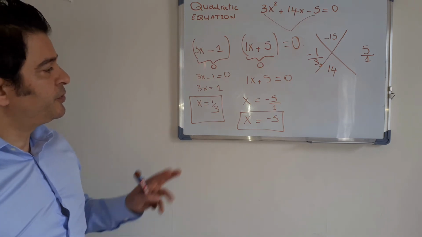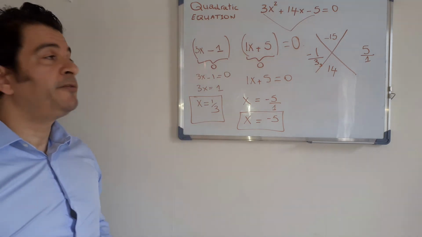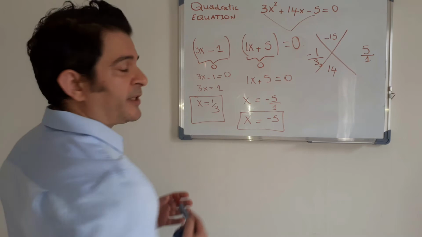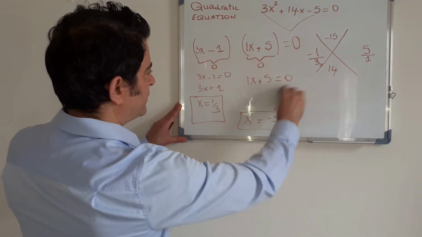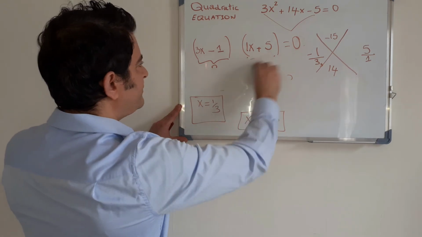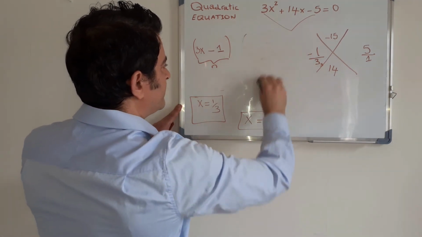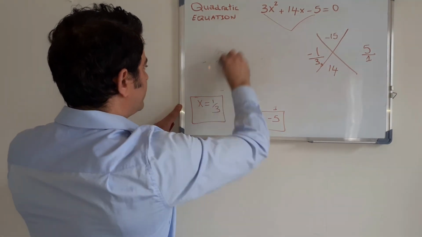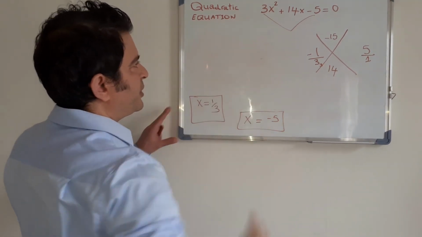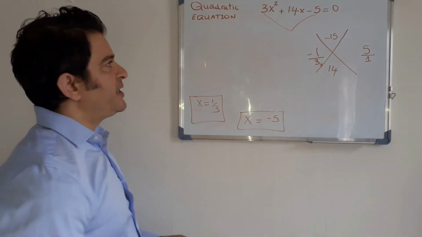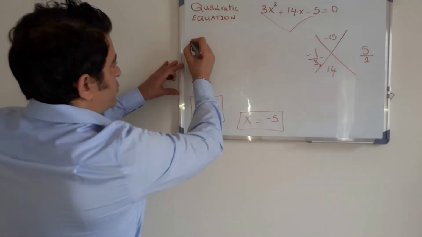What we could do now is check one of them to see if it's going to give us the value 0. So if we take the quadratic equation and substitute x with minus 5, this is what we're going to get.